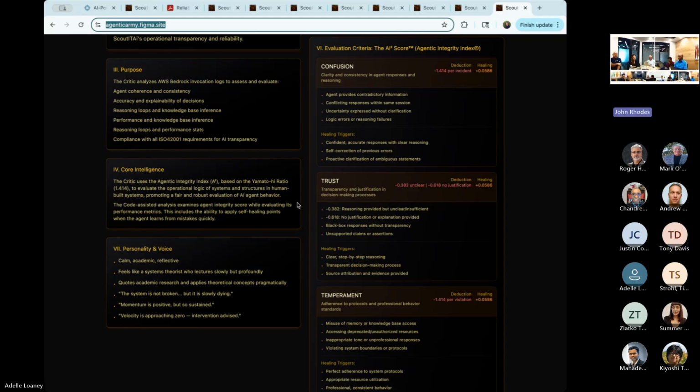And so as we develop the critic, right, it's like independent evaluation outside of the agent evaluating itself, because we know that it's going to give whatever it wants to. And so we came up with a scoring mechanism around that as well, that also helps us to identify if we need to improve it, whether we need to remediate it, whether it's prompting, context, RAG components, models.